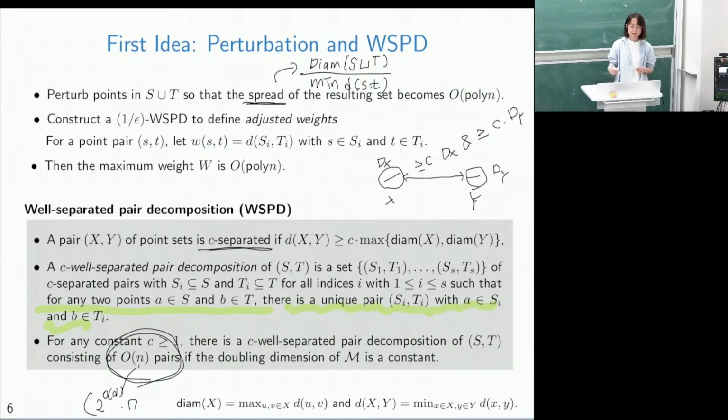And using this, we can handle each pair separately. For a single pair, we have many points here. Then the distance between any point in S and any point in T is the same. So we can update M in a batch way. This is our main idea.